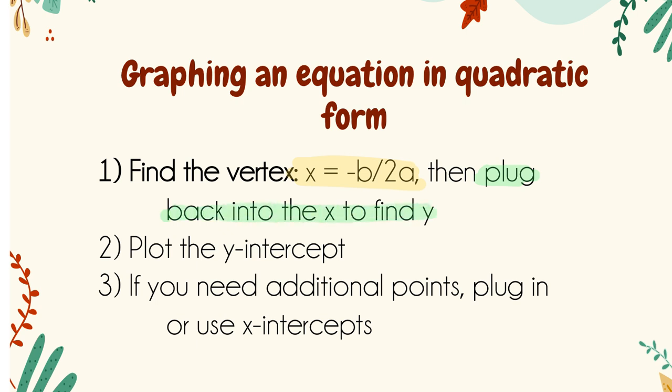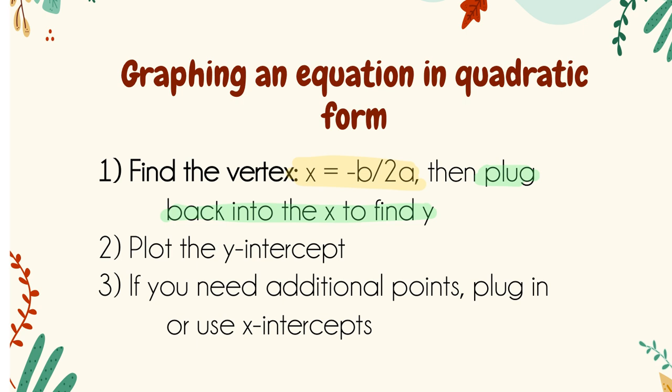So once we get to the examples, you'll see where I'm plugging in, and it's just going in place of my y. Then plot the y-intercept and your x-intercept, depending on which one you're able to. Once you see the example, you're going to see there may be one where you get a weird number, and if you plug it into a calculator, you get a decimal, and you can't really plot that.